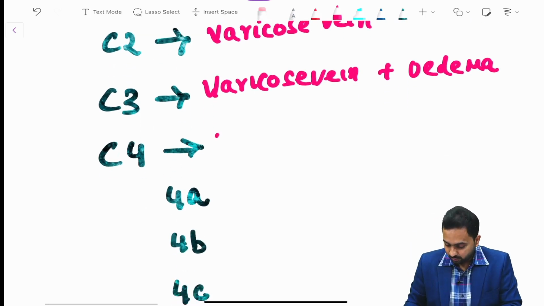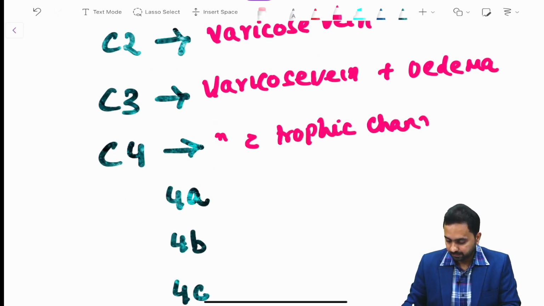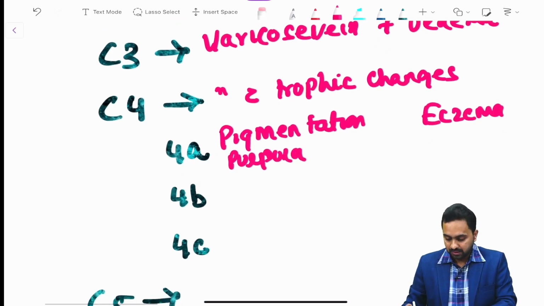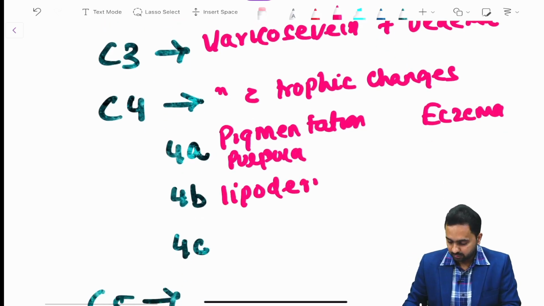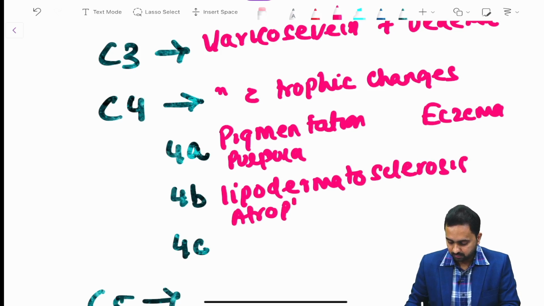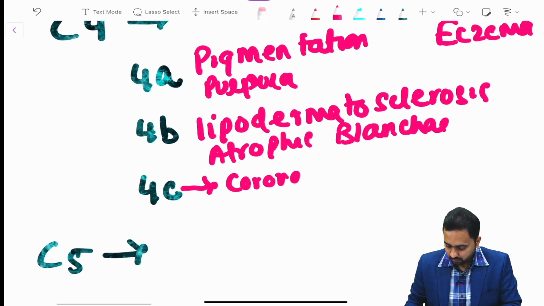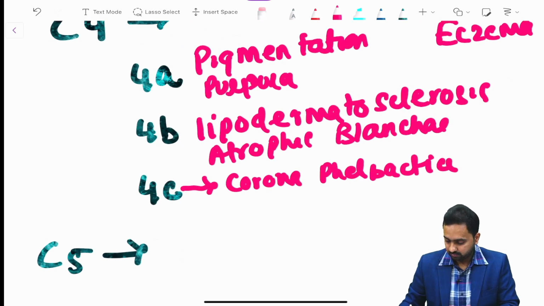C4 is your varicose vein associated with your trophic changes. Now C4A is your pigmentation, purpura, or eczema. Now C4B includes your lipodermatosclerosis and your atrophie blanche, and you have C4C, which is your corona phlebectatica, right.